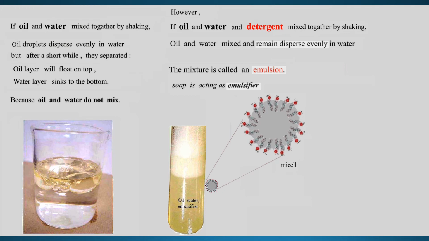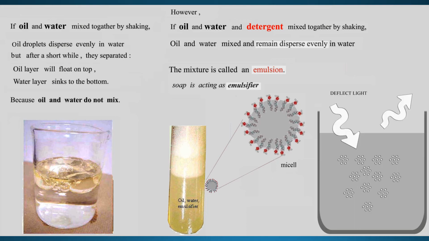If you look at the molecules of this emulsion, there are many tiny little droplets of oil and water mixture, with the soap acting as an emulsifier to form these tiny droplets.